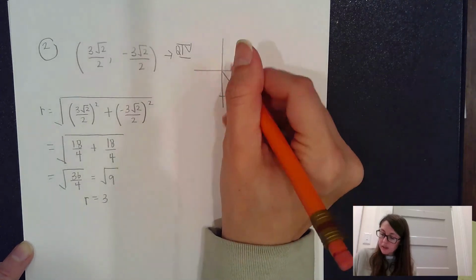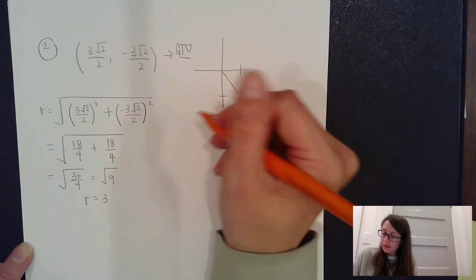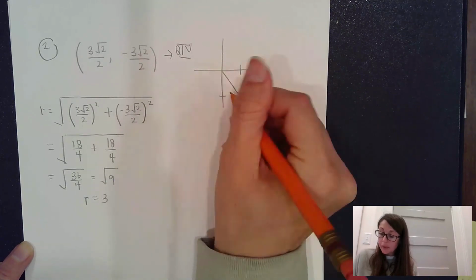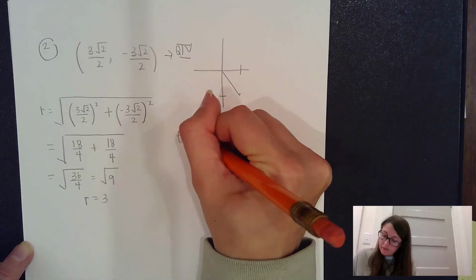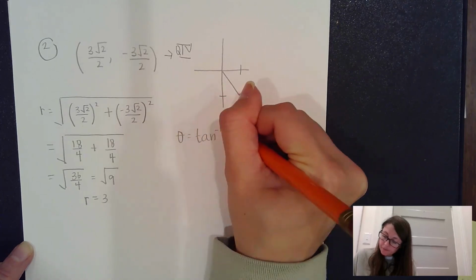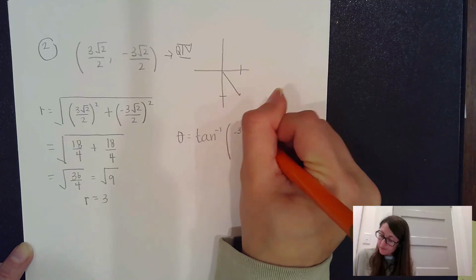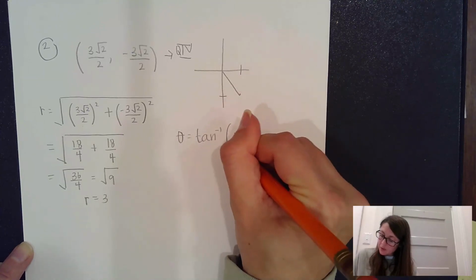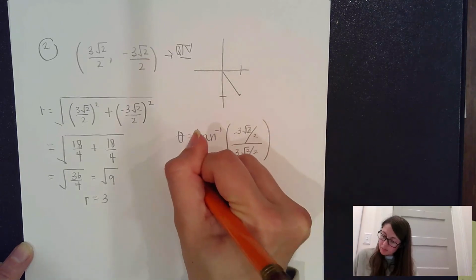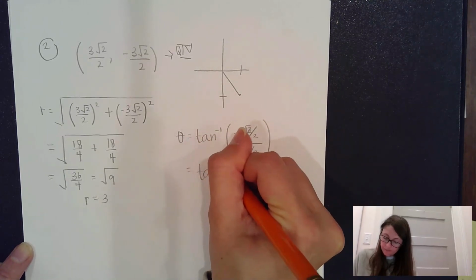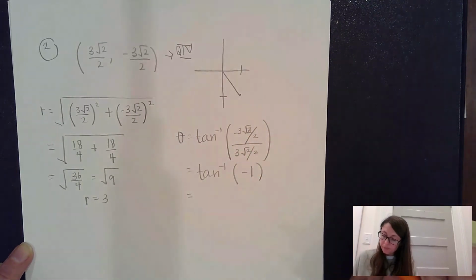So to find the theta that represents, it's going to be a 4th quadrant, so it's going to be a pretty big angle, I'm sorry. So we'll say theta is going to be the inverse tangent of that ratio, negative 3 square roots of 2 over 3. So that's just going to be the inverse tangent of a negative 1.